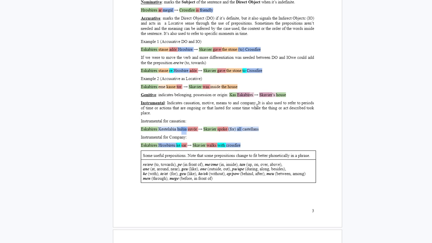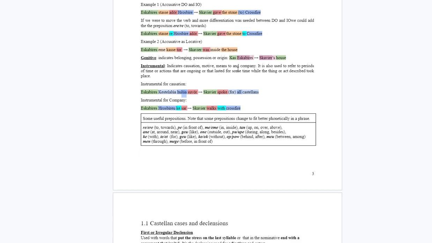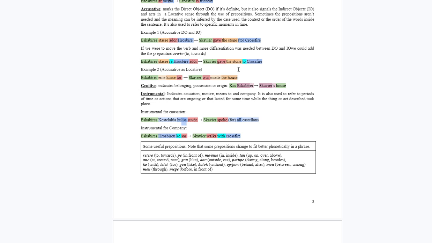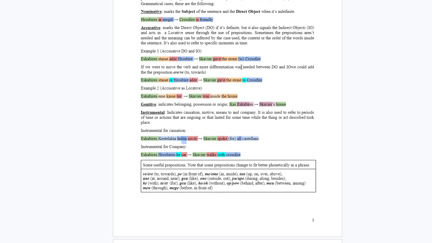Apart from that, there's also some particularities for the instrumental case. And this will need to go back to the accusative. When we are talking about time, for example, we're talking about the past. There's two ways we can do it.